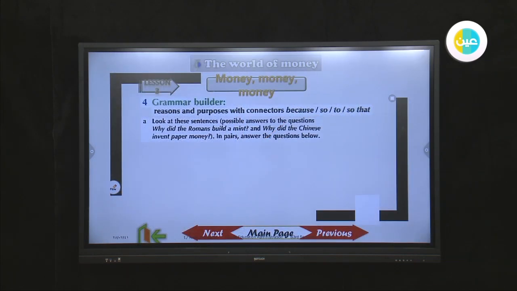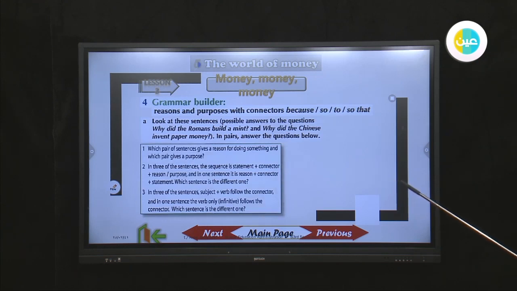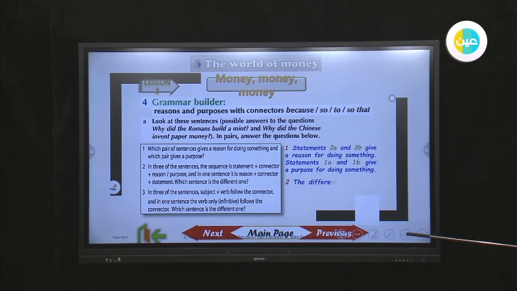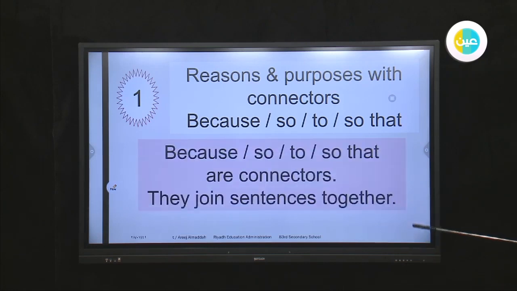Let's talk here about reason and purpose with connectors. We want to use because, so, to, and so that.